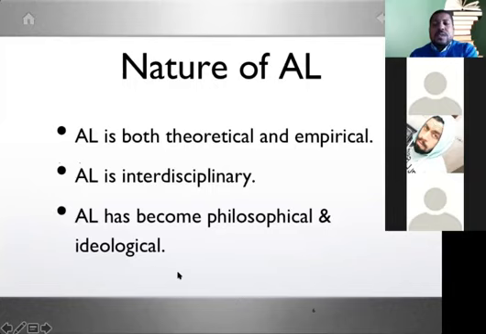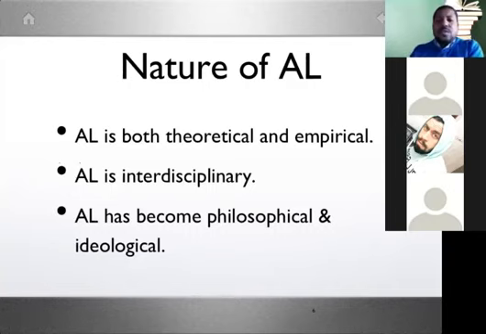So to summarize this section, applied linguistics is theoretical and empirical, meaning it aims to build a theory, and it is practical, it aims to solve a problem. It is interdisciplinary because it coexists with and needs other disciplines, and it has become philosophical and ideological since it tries to link language-related phenomena to social context.